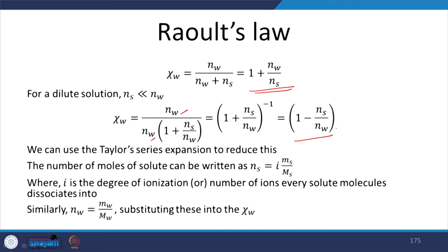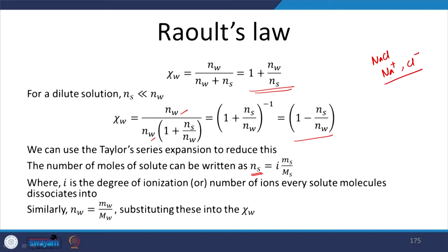So, the number of moles of solute can be written as weight divided by the molecular weight. What is the number of moles? The weight divided by the molecular weight of a particular substance will give you the number of moles. Now, when you add a solute, a foreign substance, it may so happen that this substance dissociates. Let us say if you take NaCl, it may dissociate into Na plus and Cl minus.